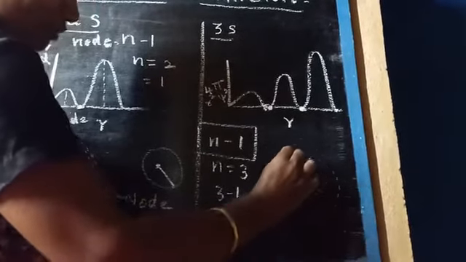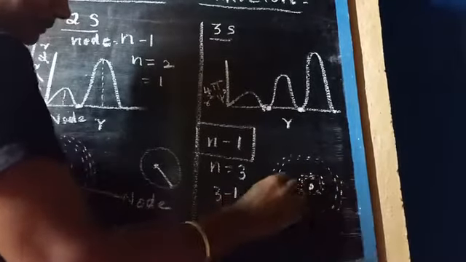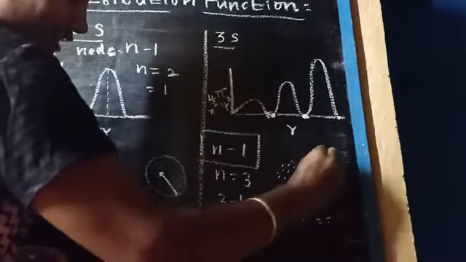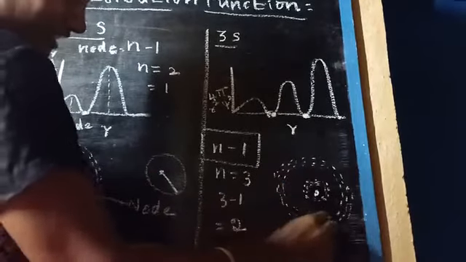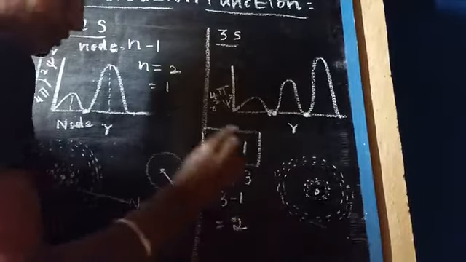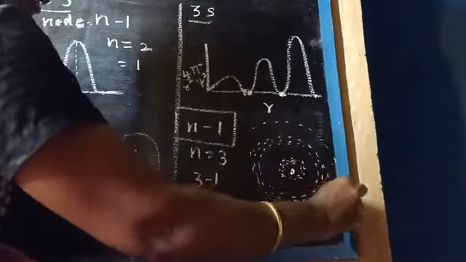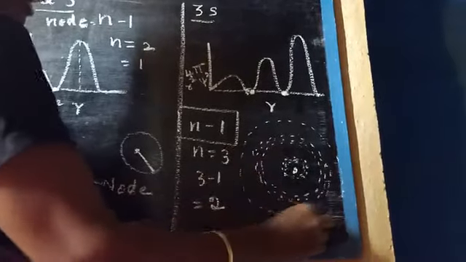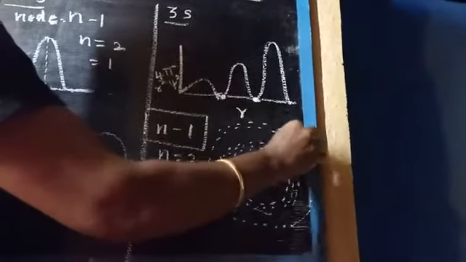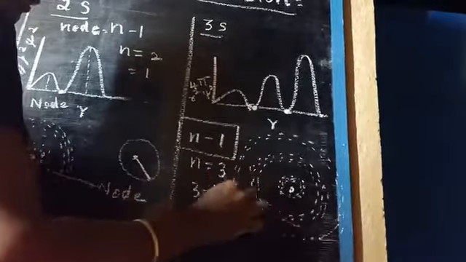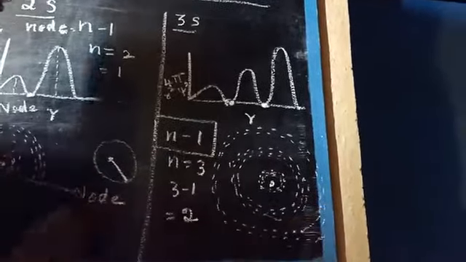This one is for the 2s orbital: this electron is the 2s electron, and then again we leave some space because there is no electron. Now this one is for the 3s electron. I hope, children, you can understand this very clearly.